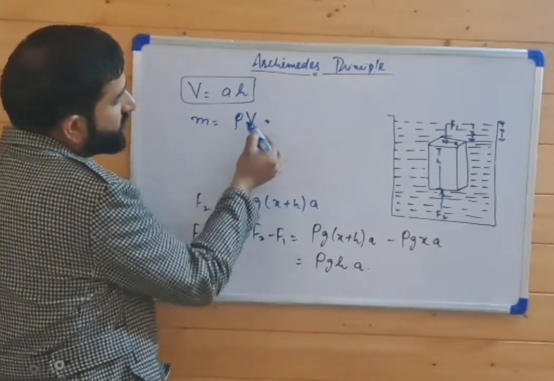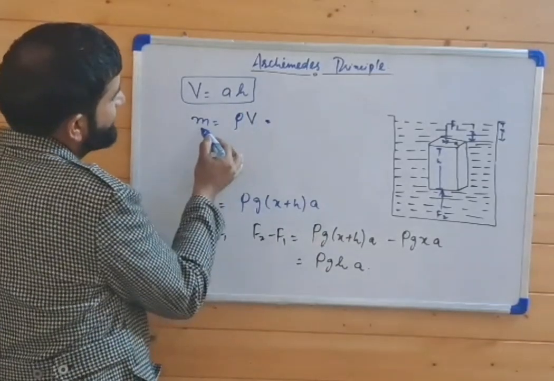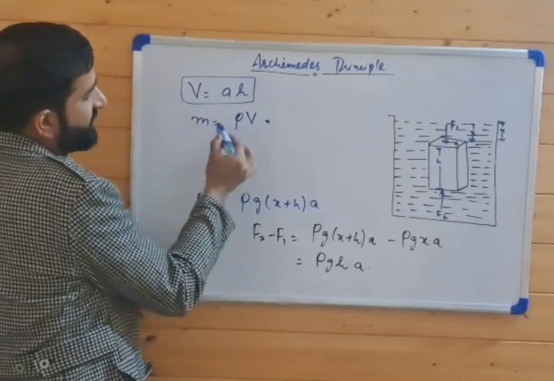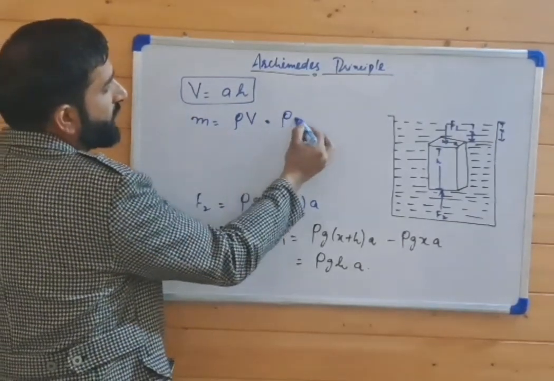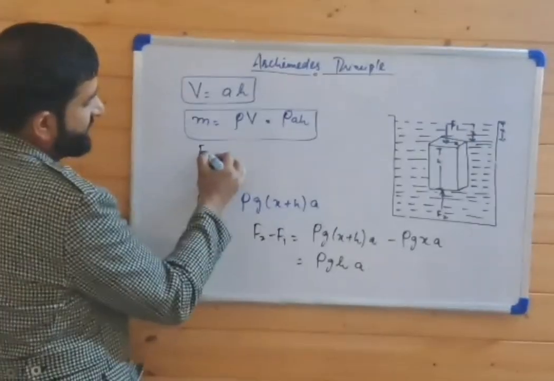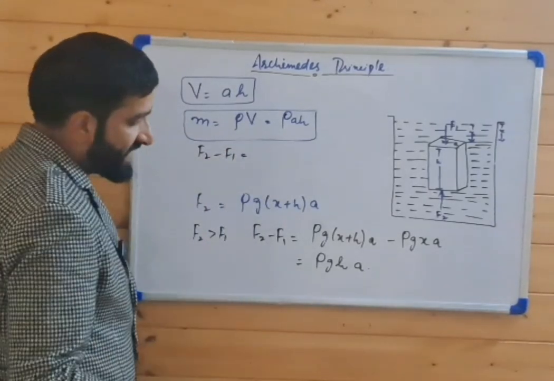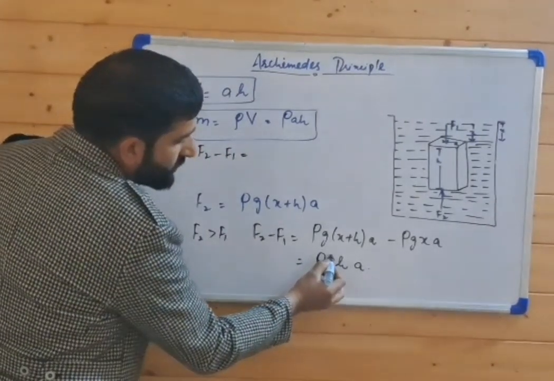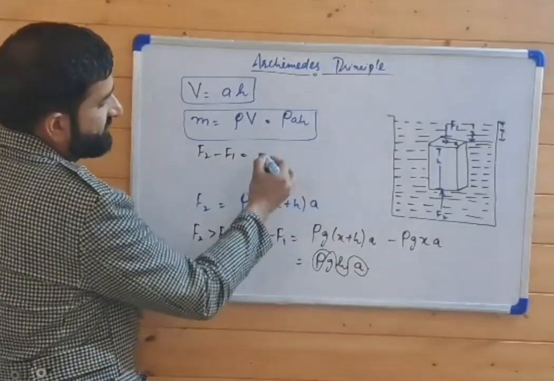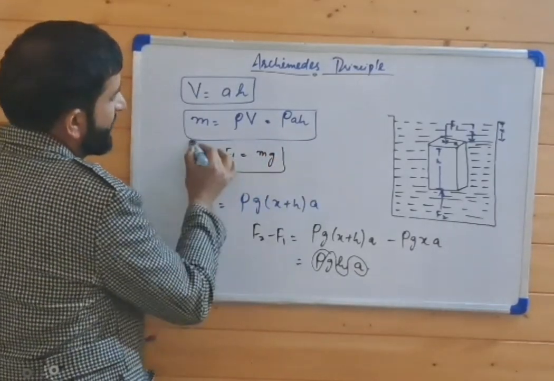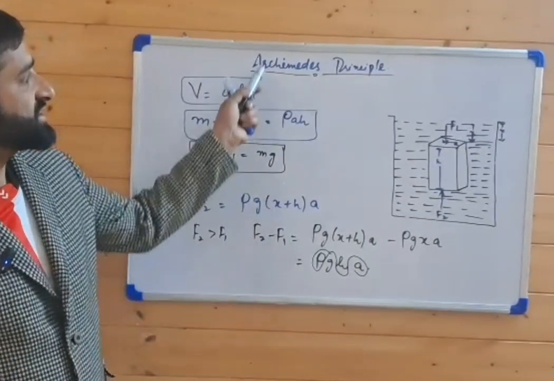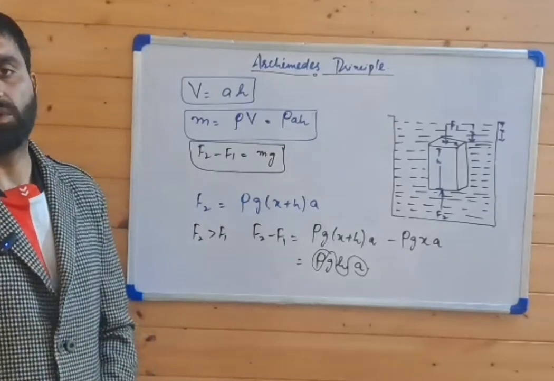The density of the fluid is rho and the volume of the body is V. Giving the value of A h in place of V, we get that m is equal to rho into A h. So the difference in the forces, F2 minus F1, is equal to rho h A, that is mg, where mg is the weight of the liquid displaced, which proves the Archimedes principle.